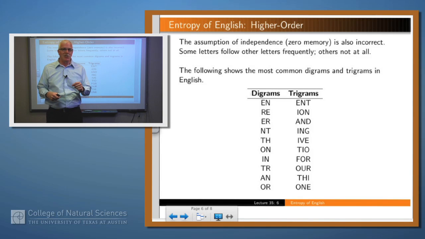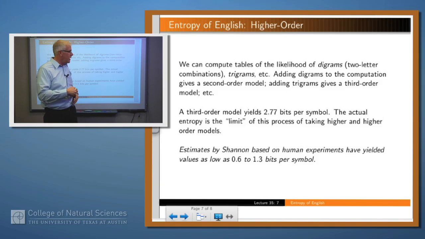In English, if you see a Q, you're pretty sure the next letter is going to be a U. And if you see an E, the next letter is many times going to be an N, much more likely than, say, an X. So we could look at digrams, which are pairs of letters, or trigrams, which are triples of letters, and so on, and factor that into our computation of the entropy of English. If you do that, you get the second-order model with digrams and the third-order model with trigrams, and so on. Somebody has done this work, and they figured out that the third-order model of English yields about 2.77 bits per symbol.